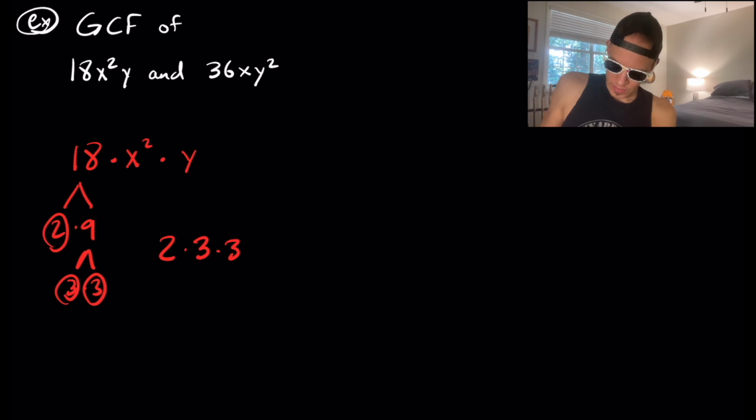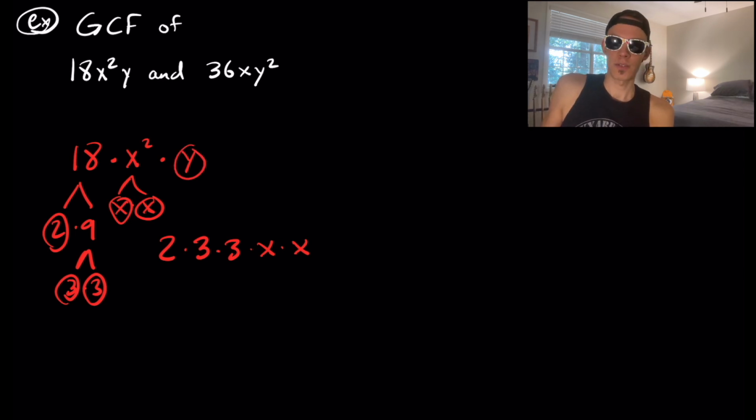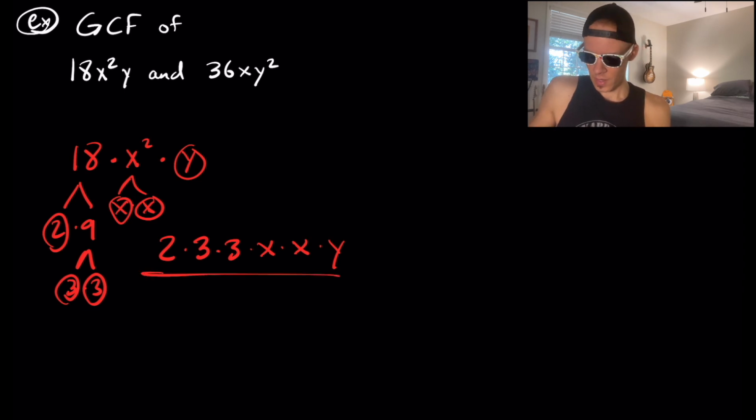And then for x, right, that's just going to be x times x. I can't break that down anymore, so I'll throw those x's in there. And then y just stands by itself, so that's going to be a prime factor. So the prime factorization of 18x squared y is this, 2 times 3 times 3 times x times y.